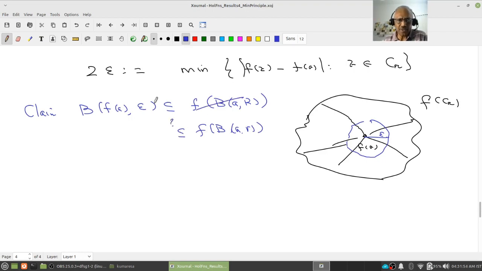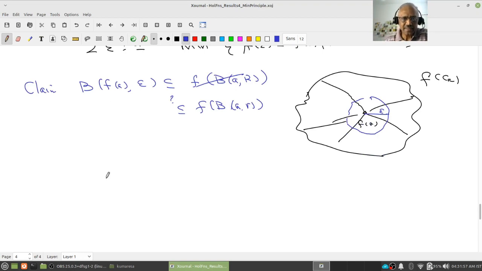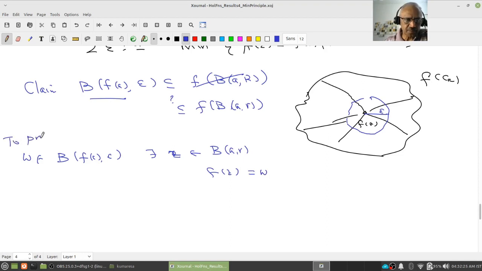I hope this is what I want to prove, because then I would have been through. Is this clear? Now how do I do that? This is where we want to use the minimum modulus principle. If I want to show this is contained in this, what should I do? Start with any w in B(f(a), epsilon), then I want to say there exists z in the closed ball such that f of z equals w. This is what we want to prove, right?